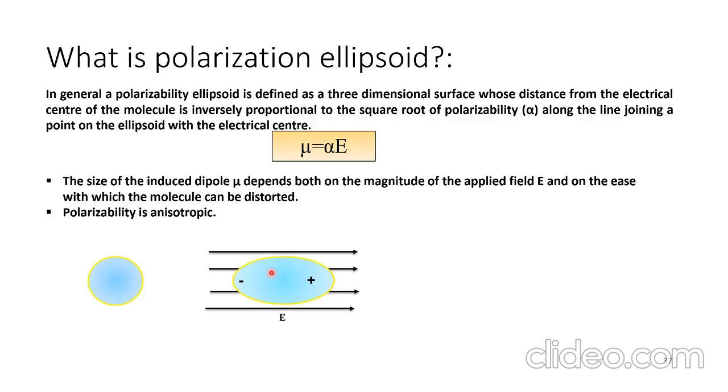So the polarizability is anisotropic, because before applying the field it is spherical. However, when it becomes ellipsoidal, it is becoming anisotropic. So that means polarizability is anisotropic.